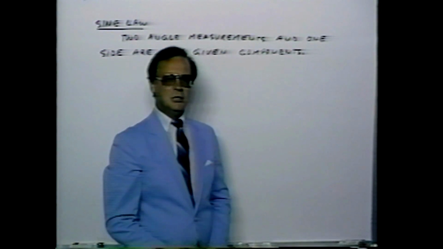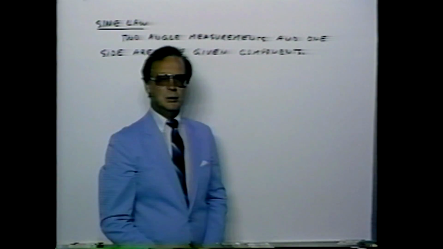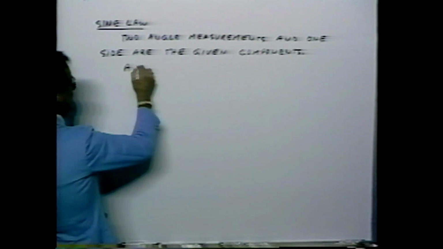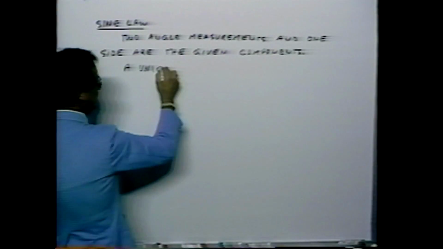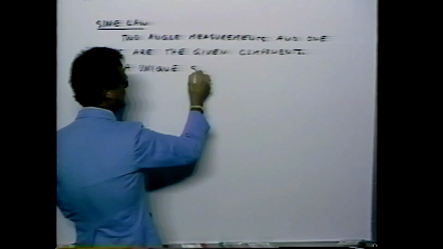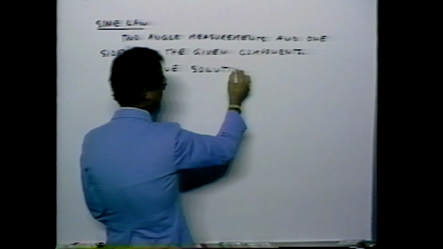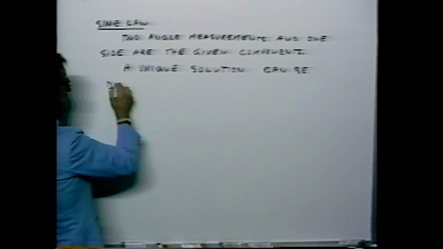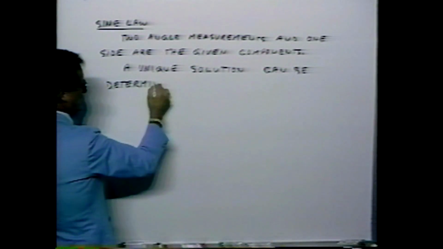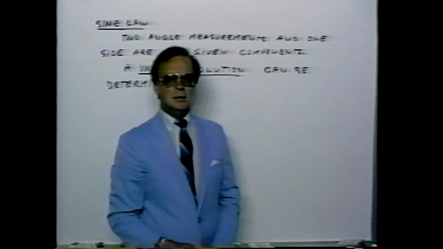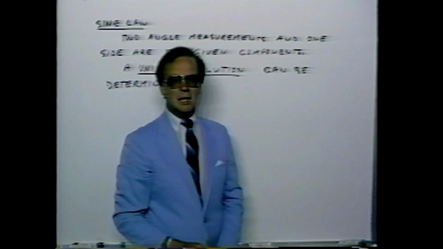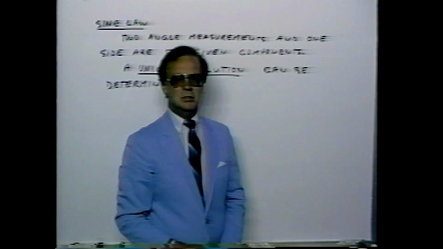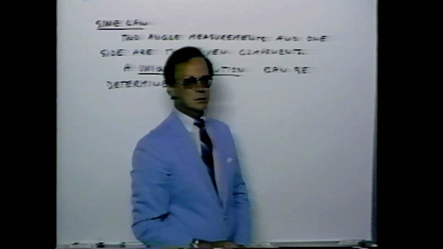This amount of information about a triangle produces a unique solution. The Sine Law states that the lengths of the sides of the triangle are proportional to the sines, the trig function sines, of their corresponding angles.